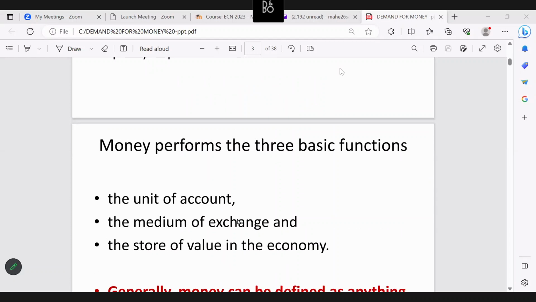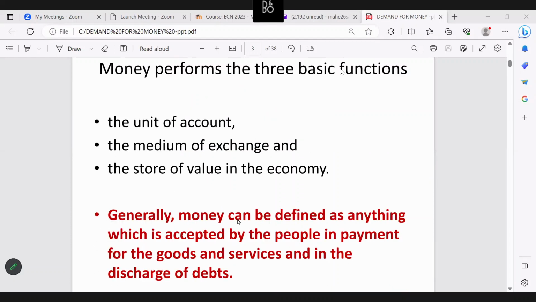Otherwise, we can't calculate the profit, revenue, as well as expenditure in a particular country or individual life, or a company also. So money performing as a unit of account is the major basic function.